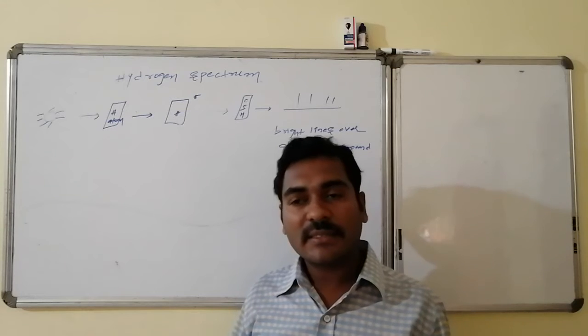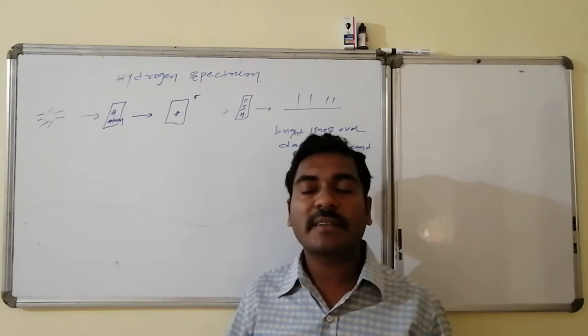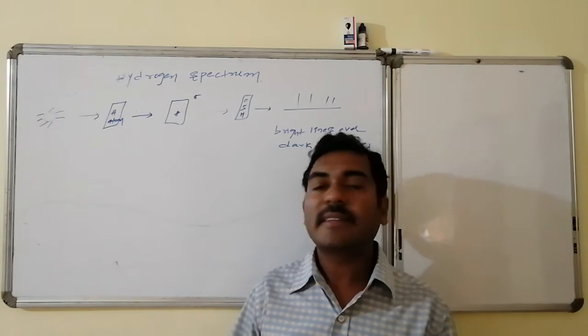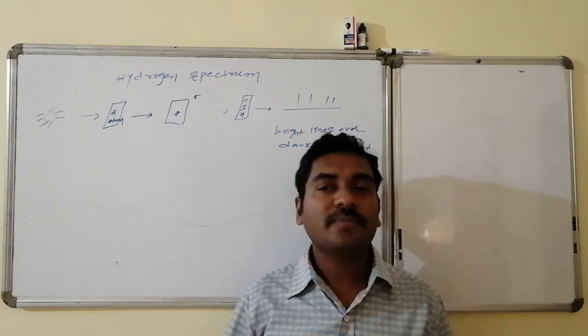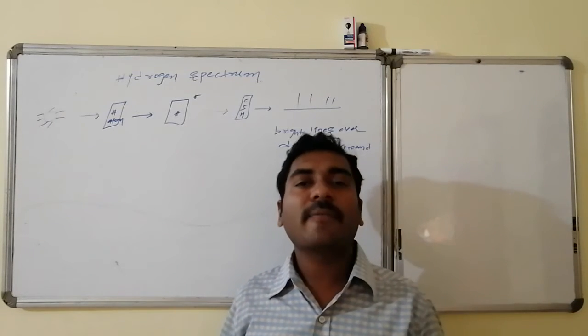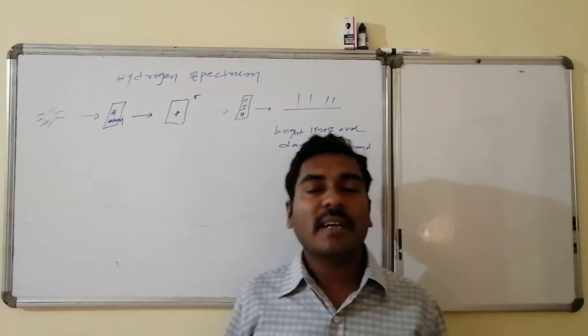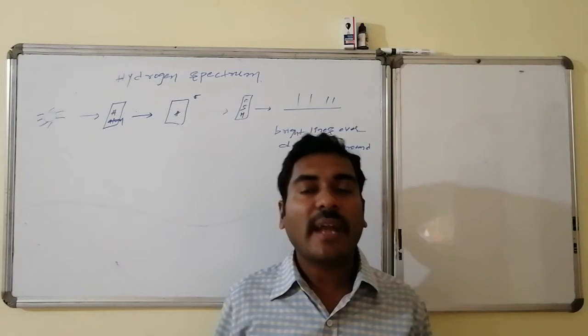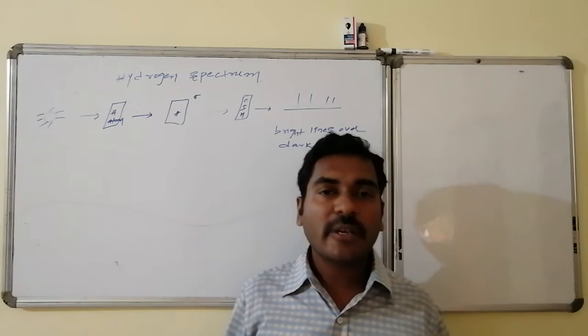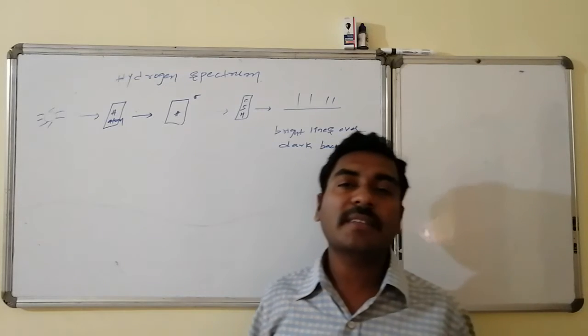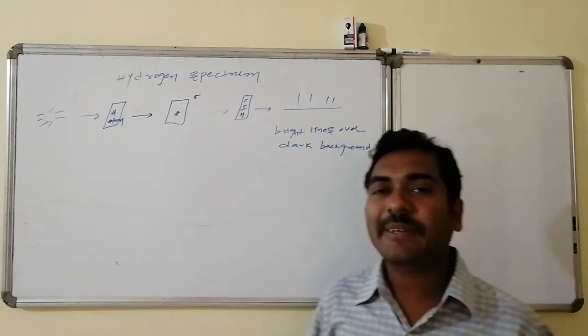As a result, some of the electromagnetic radiations are taken by the hydrogen and it gets excited, and that is said to be the excited hydrogen atom, and it can stay for a little amount of time because it is unstable. The unstable excited hydrogen atom emits the absorbed electromagnetic radiation. The emitted electromagnetic radiation falls over the optical spectrometer.